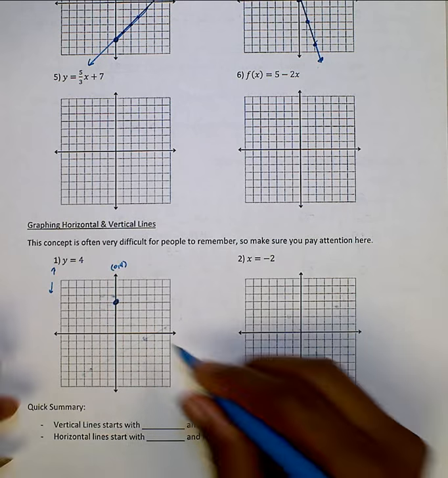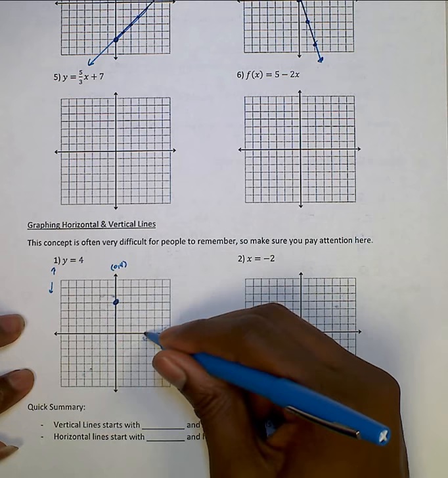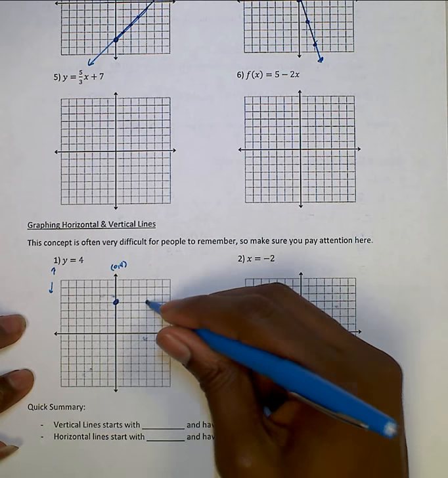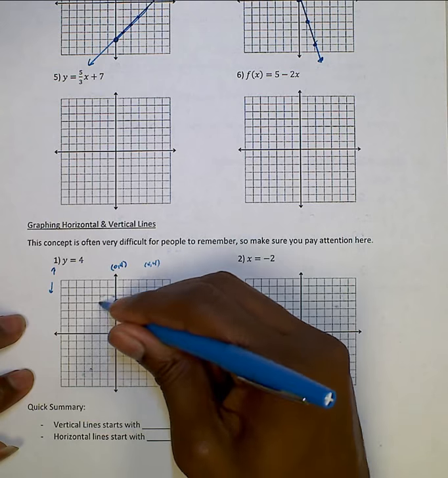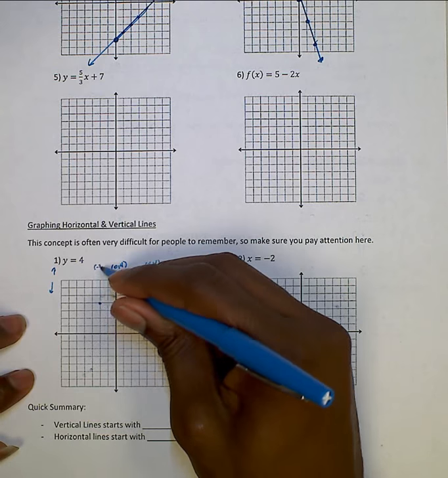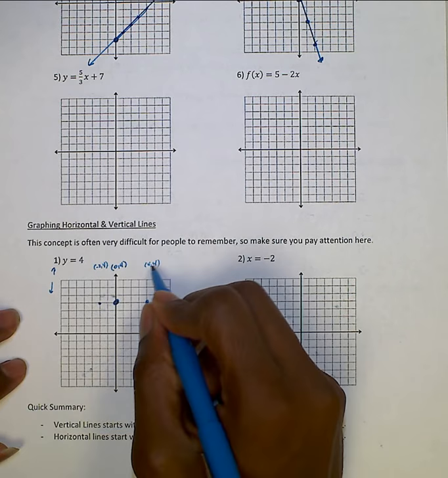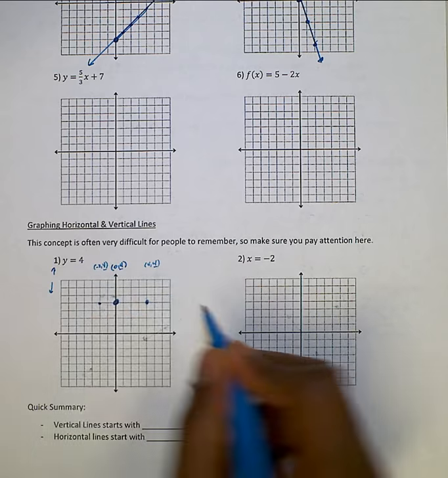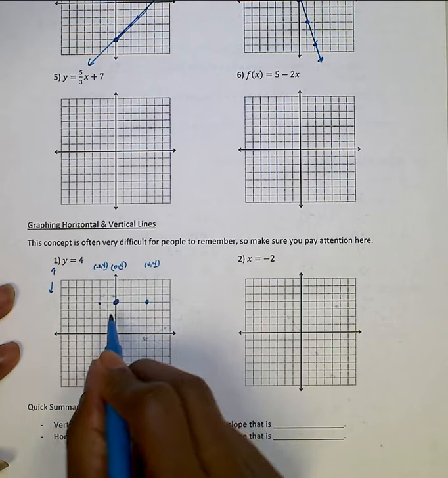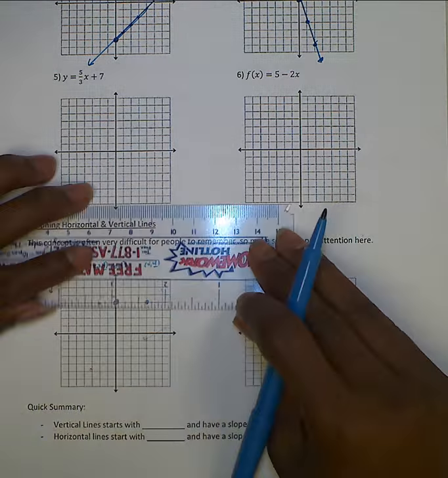Another place where y could be 4 is here at 4, 4. Or it could be here at negative 2, 4. But notice with all these points that y is 4. This equation basically just says, hey, you need to find somewhere where y equals 4 and draw a line there. Well, everywhere that y equals 4 is here.